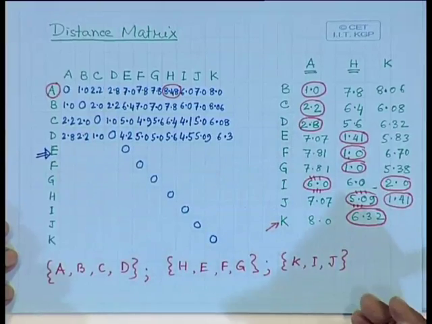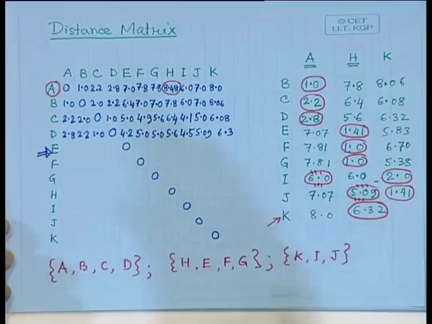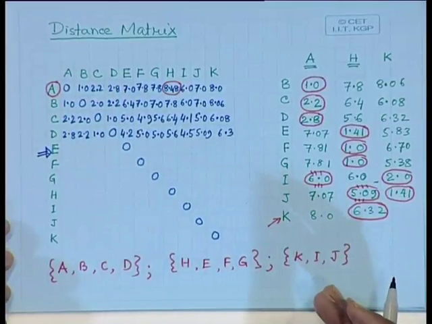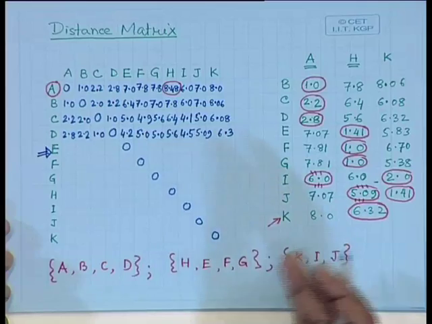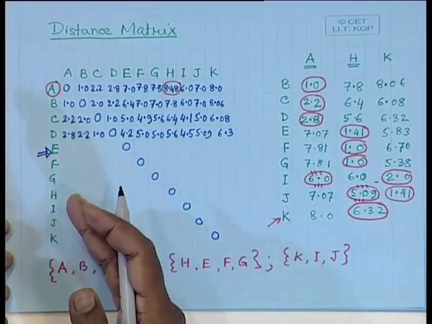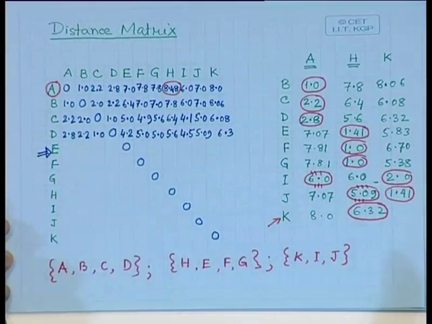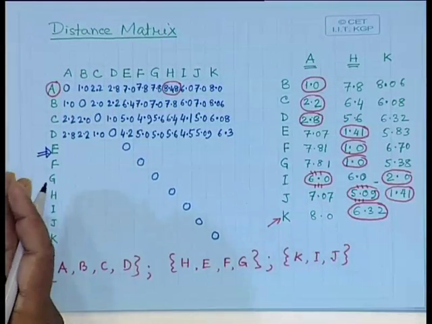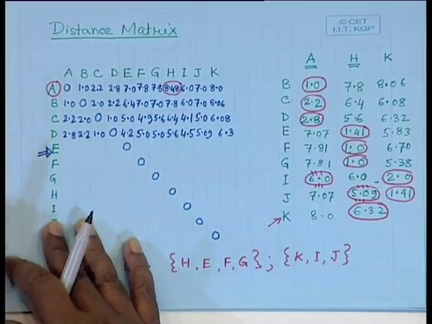Because it is a sequential algorithm, the final output is likely to depend on which feature vector is taken as the first cluster center, because all other cluster centers are decided based on the first one. Okay. So, that is one of the drawbacks of this Bachelor and Wilkins algorithm.